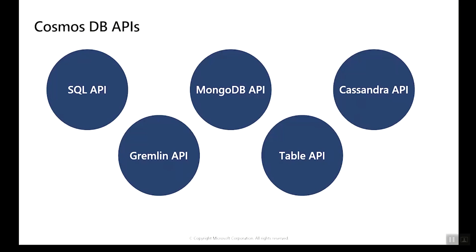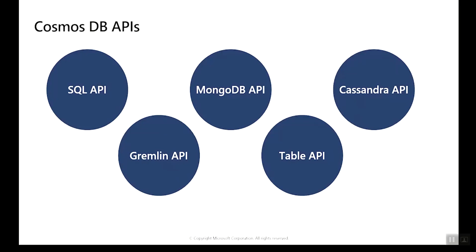And the Gremlin API implements a graph database interface to Azure Cosmos DB. A graph is a collection of data objects with directed relationships, and data held in a set of documents in Azure Cosmos DB can be queried using the Gremlin API, which allows you to perform those graph-like queries over your data.